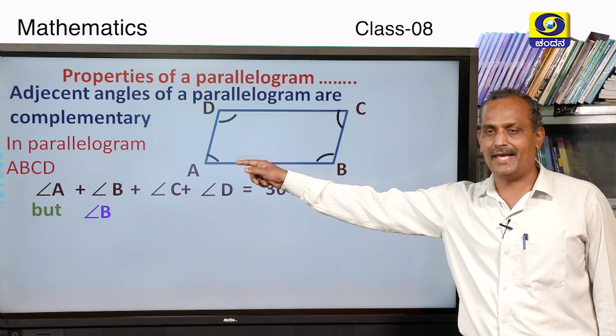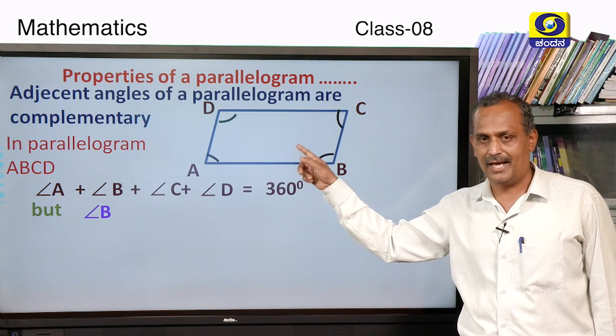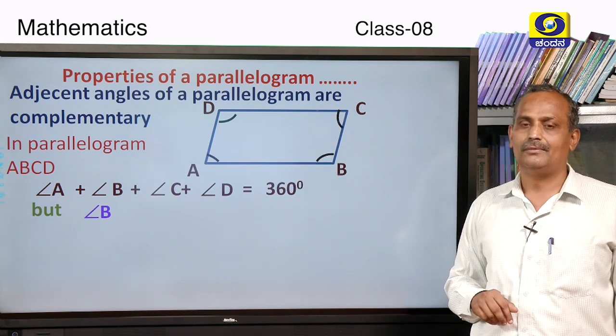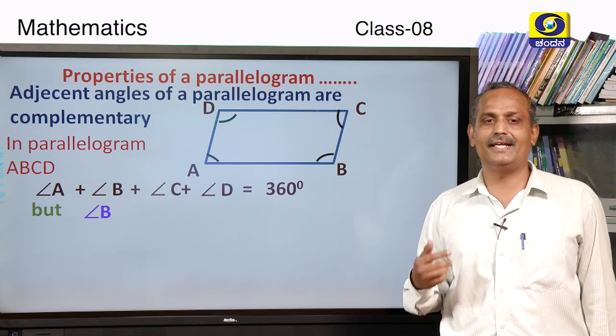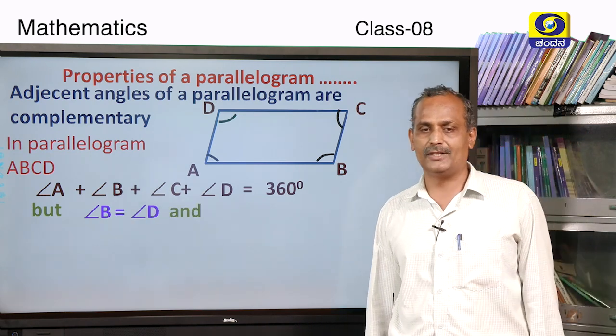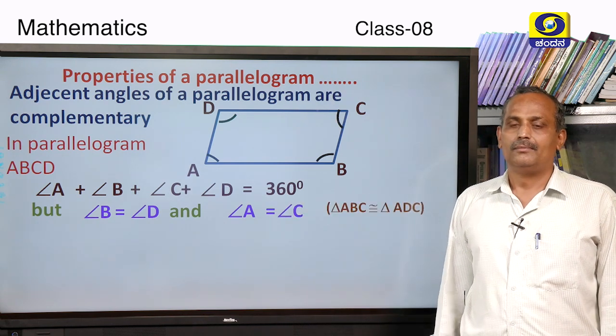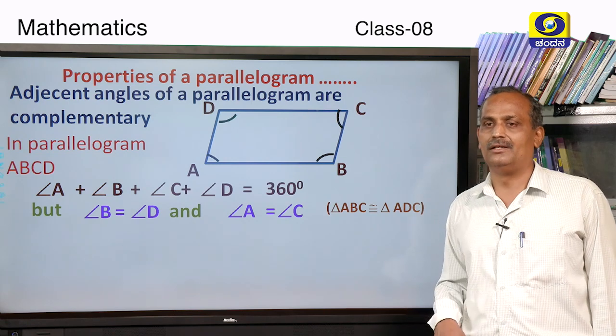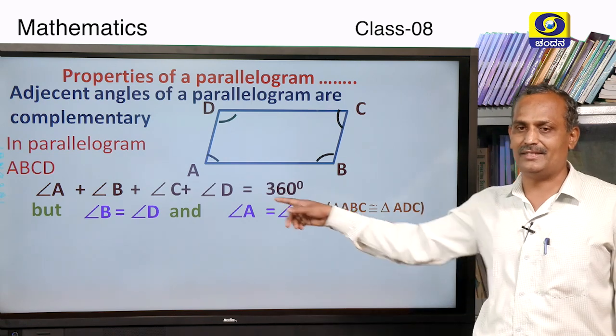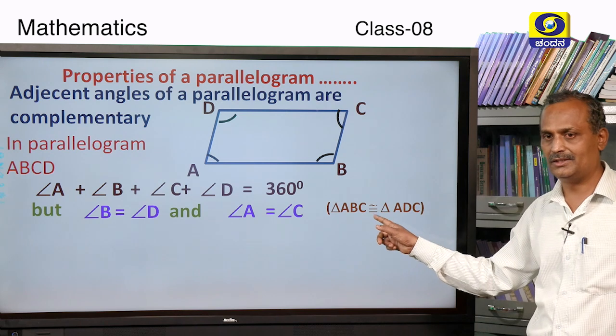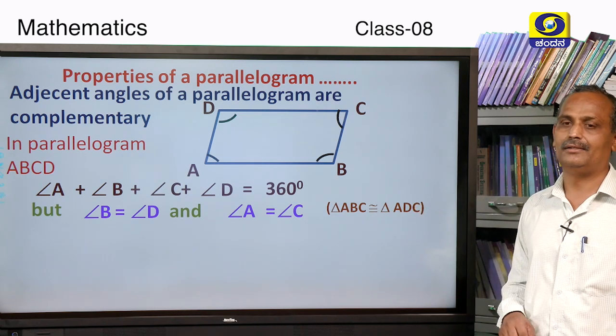Similarly, angle A and which angle? Yes, angle A is equal to angle C, because they are opposite angles, they are equal. Therefore, B is equal to D and A is equal to C. And we know that in the previous proof itself, triangle ABC is congruent to triangle ADC.